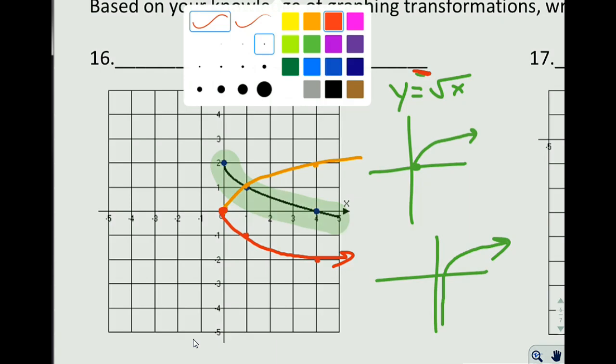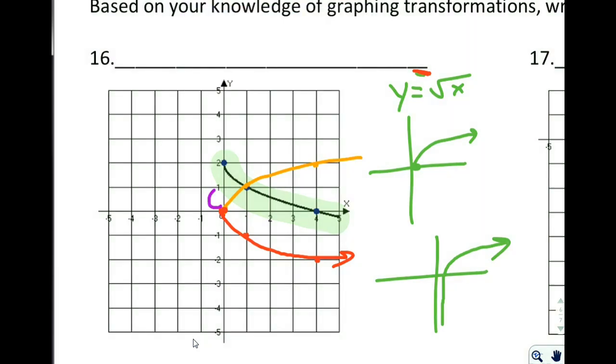Now, the last thing it looks like I need to do is bring it up 2 units so that I can end up matching the graph I was given. So I have y equals negative square root of x, and I need to bring the whole thing up 2 units.